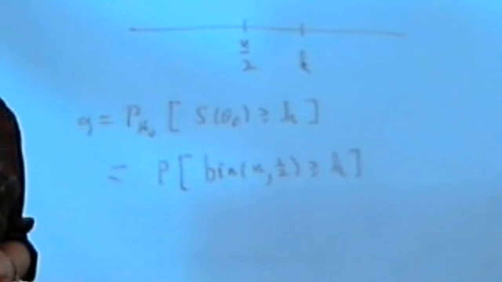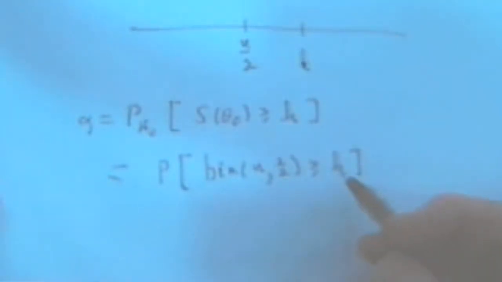I didn't have to know anything about the distribution of the population. It could be normal, it could be double exponential, it could be Cauchy, it could be very skewed. It doesn't matter. There are no assumptions I made on the population.